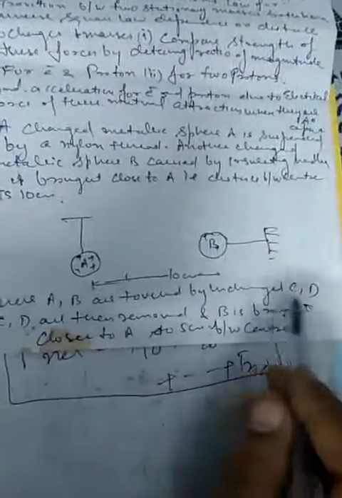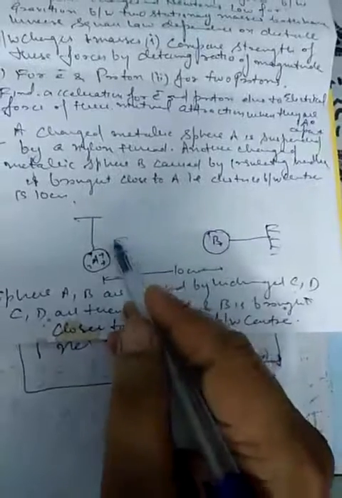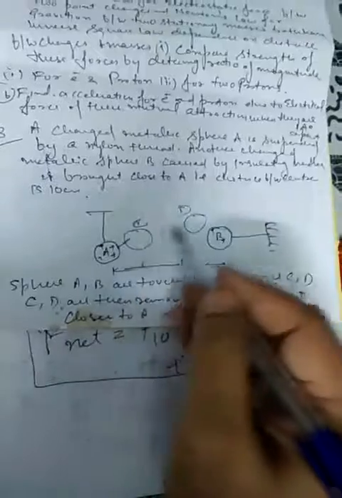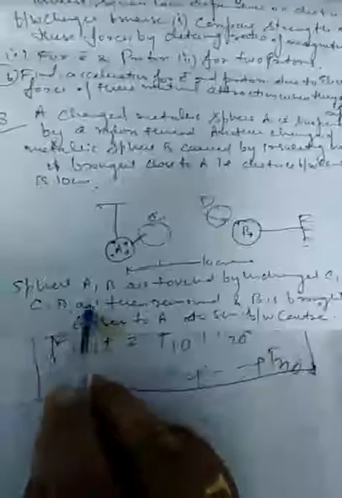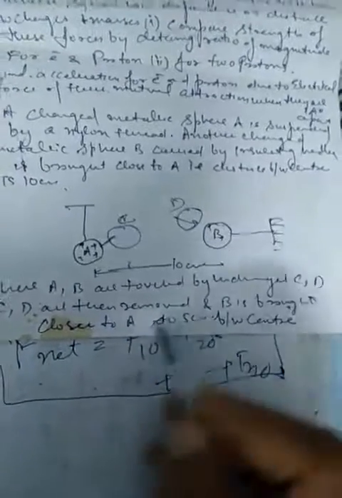Now spheres A and B are touched by the uncharged conductors C and D. We take two other uncharged conductors, C and D, and touch them with these. Then C and D are removed, and B is brought closer to A to a distance of 5 centimeter.